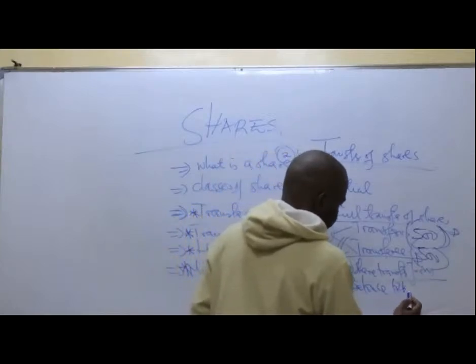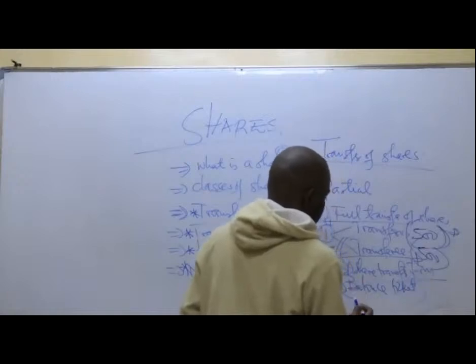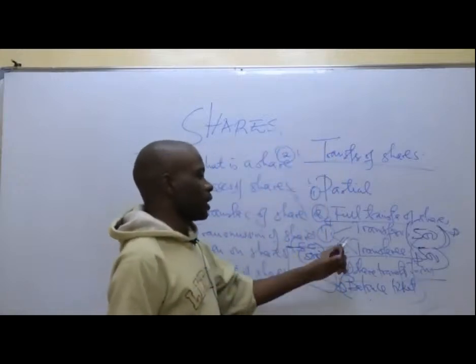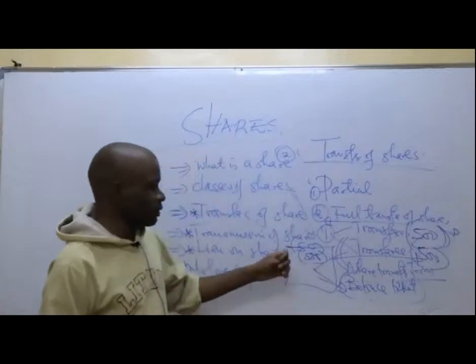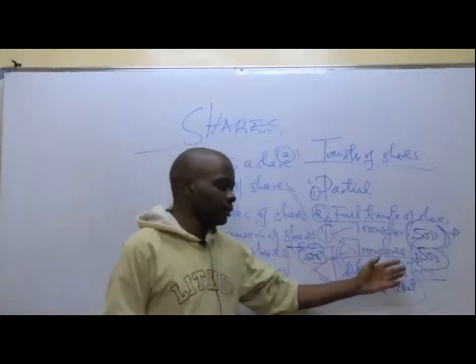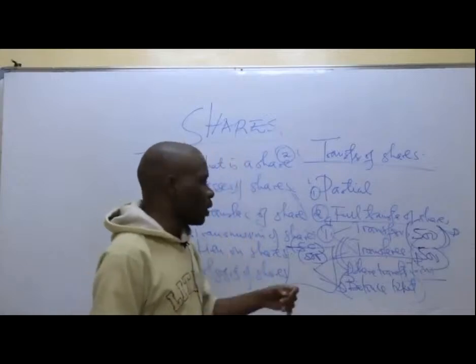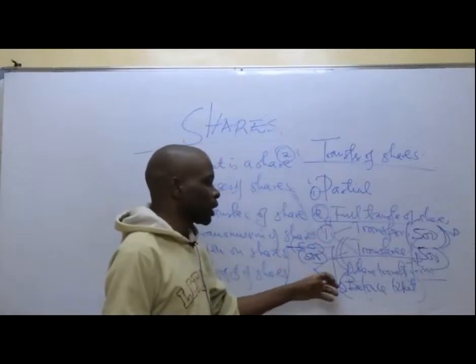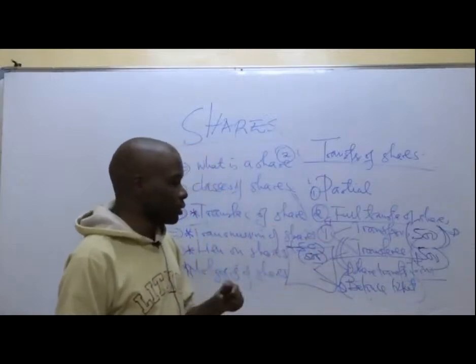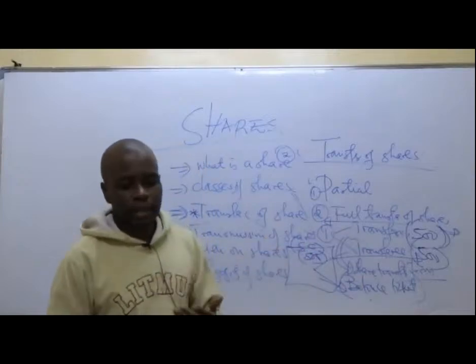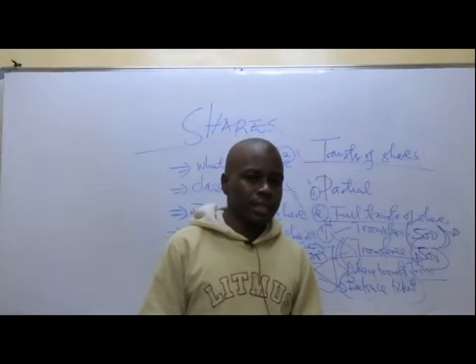Balance tickets are just documentation clearly indicating the number of shares remaining with the transferor. So the share certificate will be given to the transferee as clear evidence to claim for the shares from the company, while the balance ticket will indicate the number of shares remaining with the transferor. So this one will be given to the transferor. He can use it as a claim for his or her shares in the company.